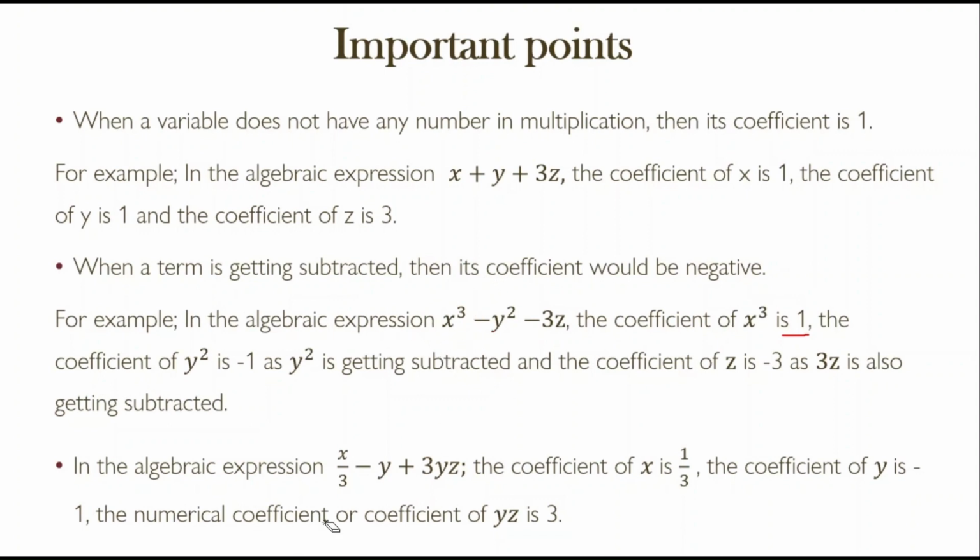But when we move to the next term, which is y square, it's clearly visible that y square is getting subtracted. So for such terms, the coefficient would be negative because y square is getting subtracted. So the coefficient of y square in general would have been 1 because there is no number in multiplication with it.